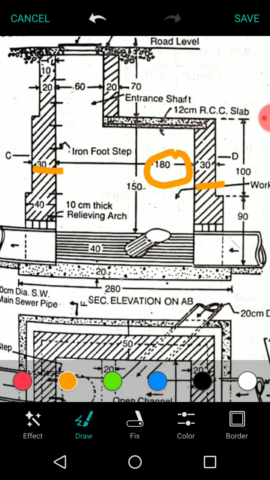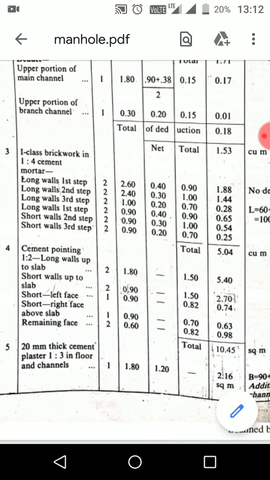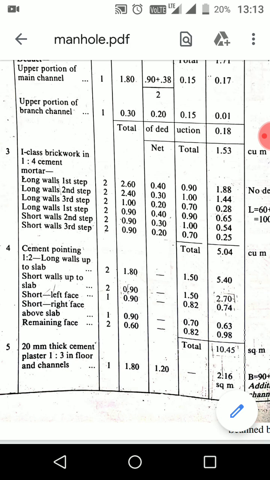2.4 meters length, and the breadth is 30 centimeters. The height of the second footing is 100 centimeters, that is 1 meter. So the total quantity of long wall for the second step is 1.44 cubic meters.